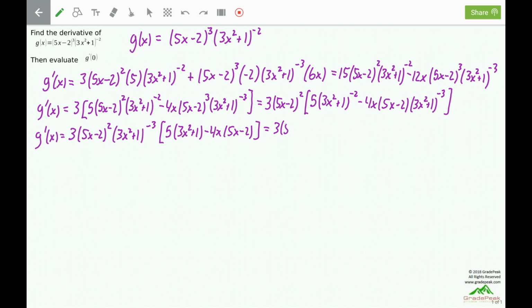And we'll have 3 times 5x minus 2 squared times 3x squared plus 1 to the negative 3. And then distributing that in, I will have a 15x squared plus 5. And distributing the negative 4x in, I will have a negative 20x squared and a positive 8x.